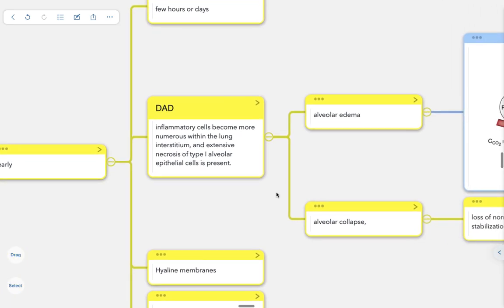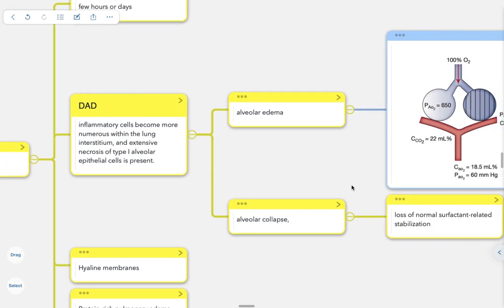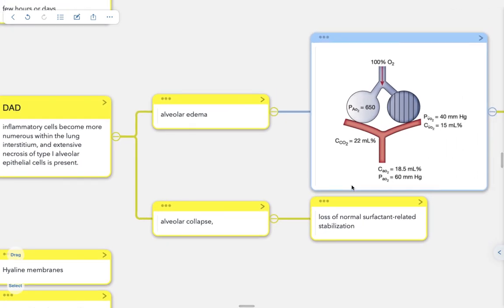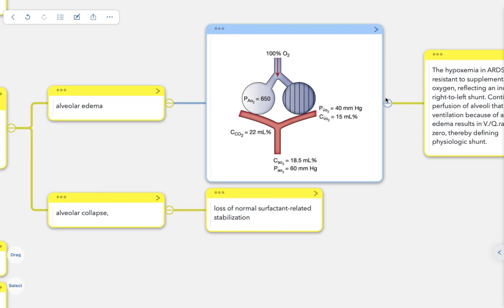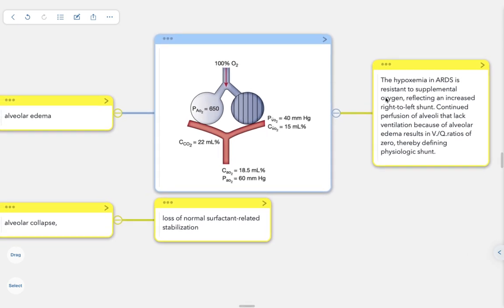This condition eventually leads to two outcomes. Either it can cause alveolar edema or it can cause alveolar collapse. As a result of alveolar edema, a shunt is formed. Characteristically in ARDS, and this will come up recurrently in the subsequent texts, hypoxemia in ARDS is resistant to supplemental oxygen. This reflects a right to left shunt.